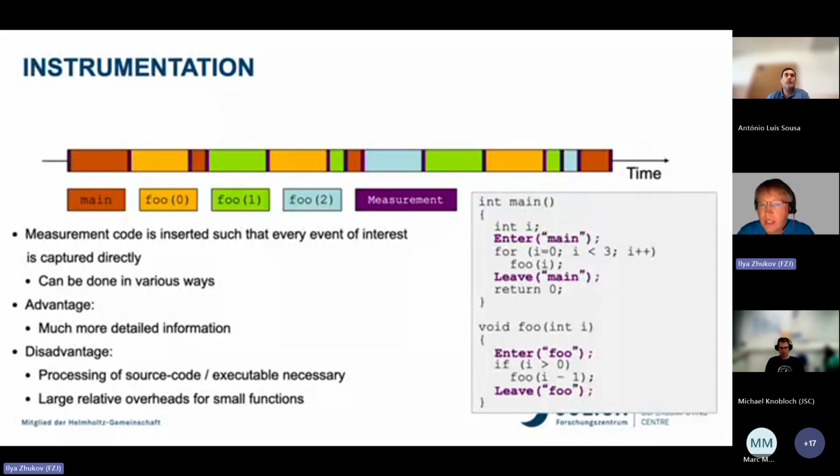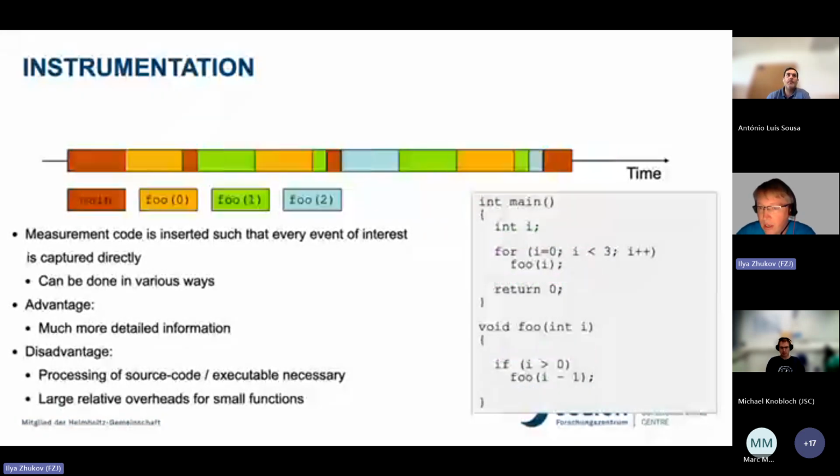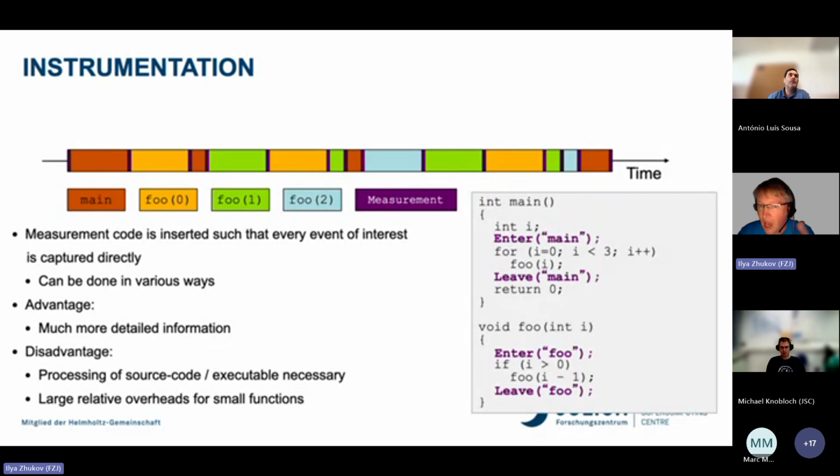The advantage is that you of course get full information about the execution of your application. But you can immediately also see that after we applied instrumentation, we have some overhead, because measurement is not for free. You also lose a little bit of time there, and it causes some overhead. Another disadvantage is that you need to process your source code.